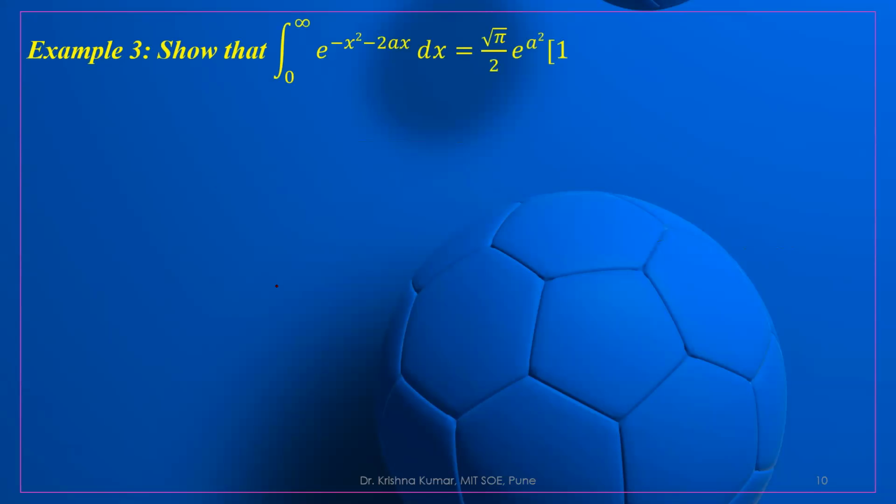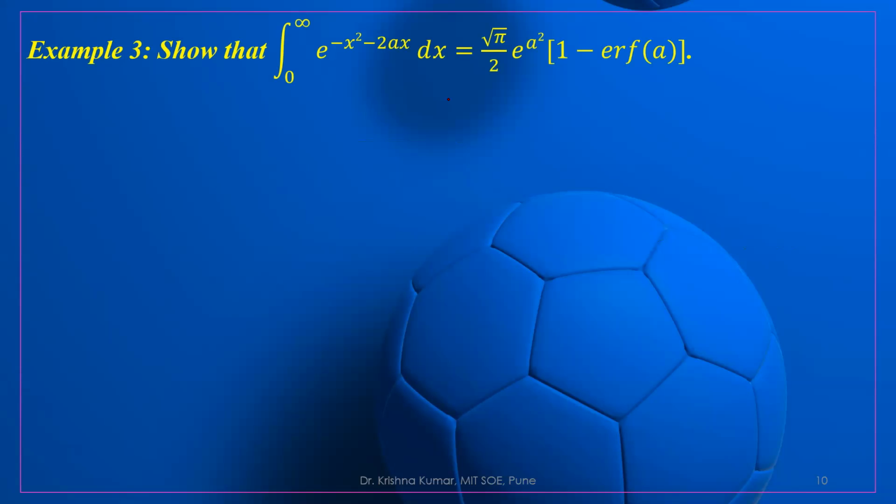Let us take example number 3. This is also a very, very important example, and it is also very simple. We have to use very simple techniques, and we are able to solve this question. Just look here at the left hand side and right hand side.